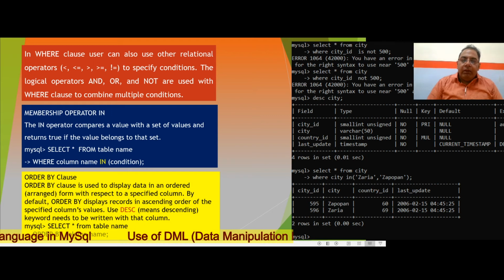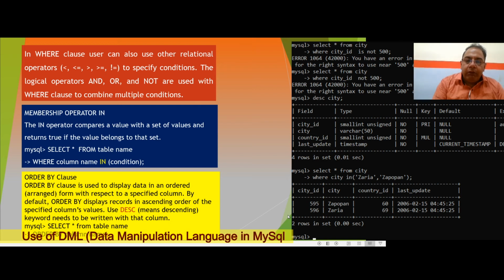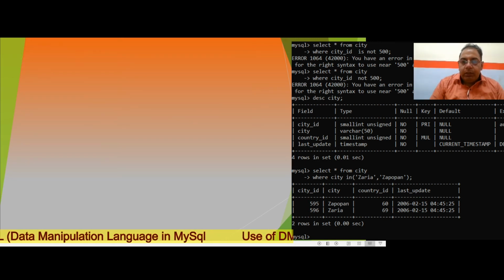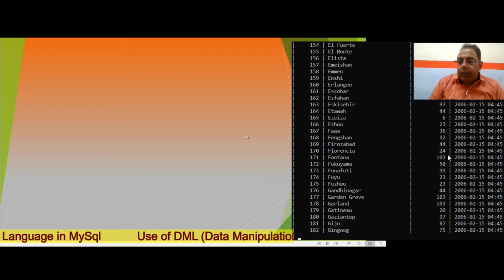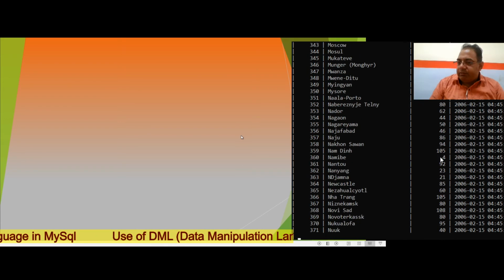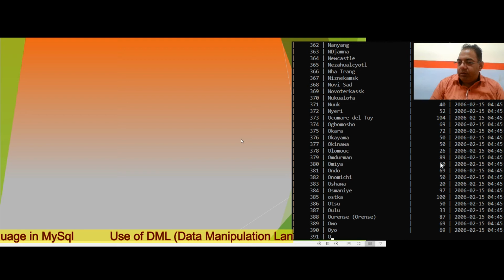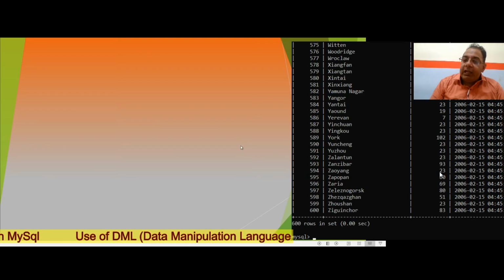After that we have the ORDER BY clause. This is a clause which can be used to arrange the data in the table in ascending or descending order. Suppose I want to display the records in ascending order of country ID. If I select star from city, here the country ID is not in sequence, and I want to display the records as per the country ID in ascending order.